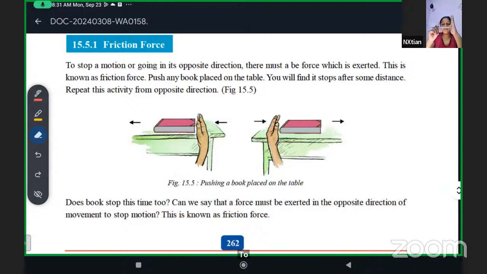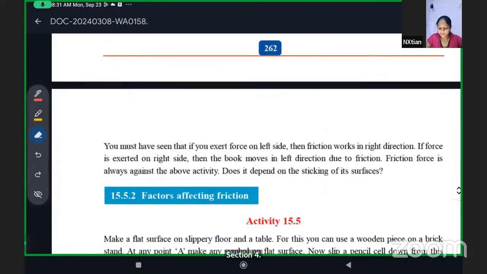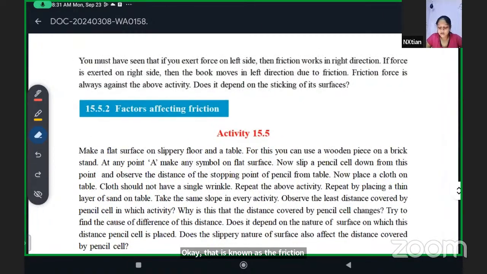So that force which is applied from the opposite direction to stop it or slow it down is basically the friction force. That is known as the friction force.